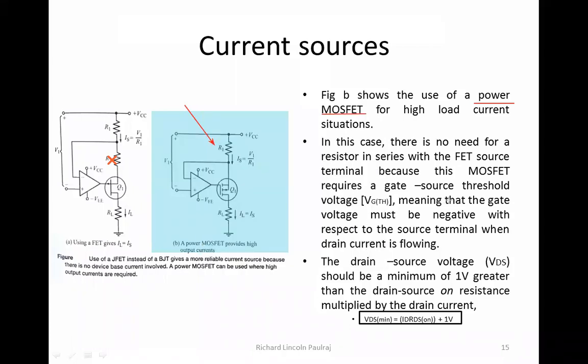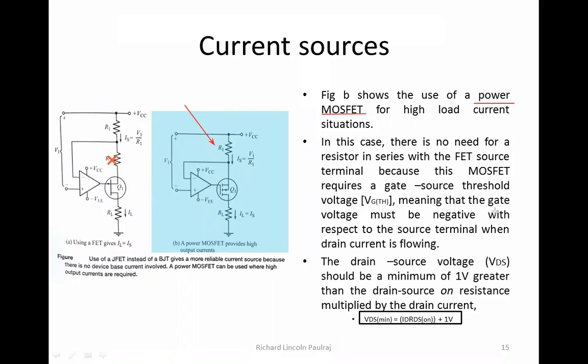So we are looking at the gate to source threshold voltage, VG. TH is threshold, VG is the gate voltage. The gate voltage is with respect to the source, so we can call it VGS-TH or just VGTH.